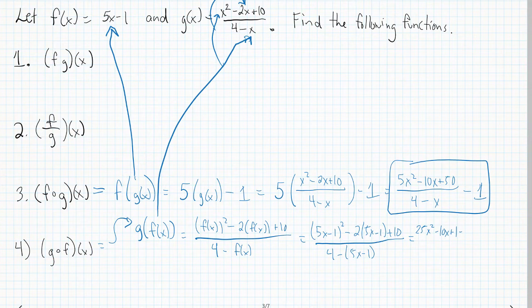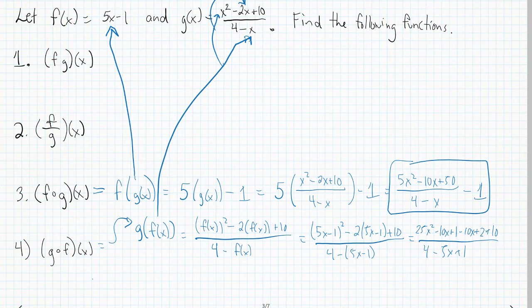Multiply 2 times all those, so minus 10x. Plus 2. Then plus 10. Okay, and then all that's divided by our 4 minus 5x, and then we got to add 1 there.